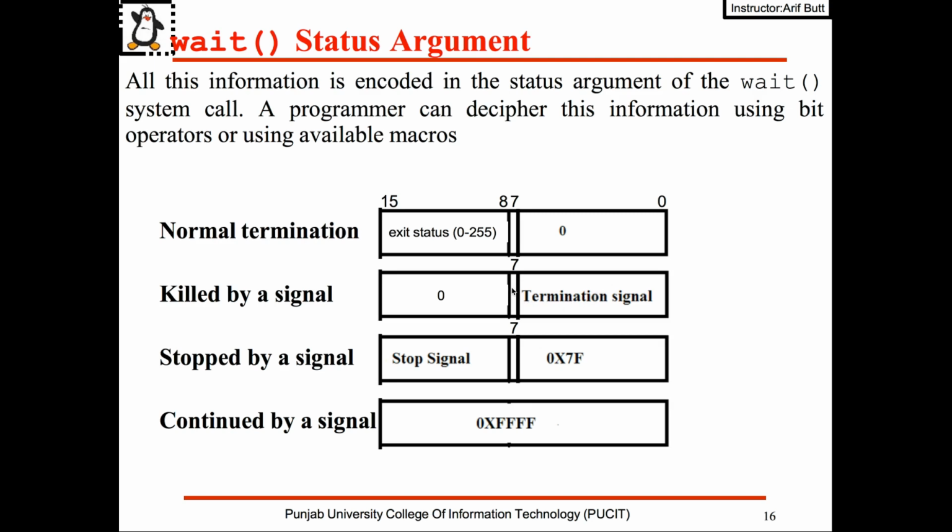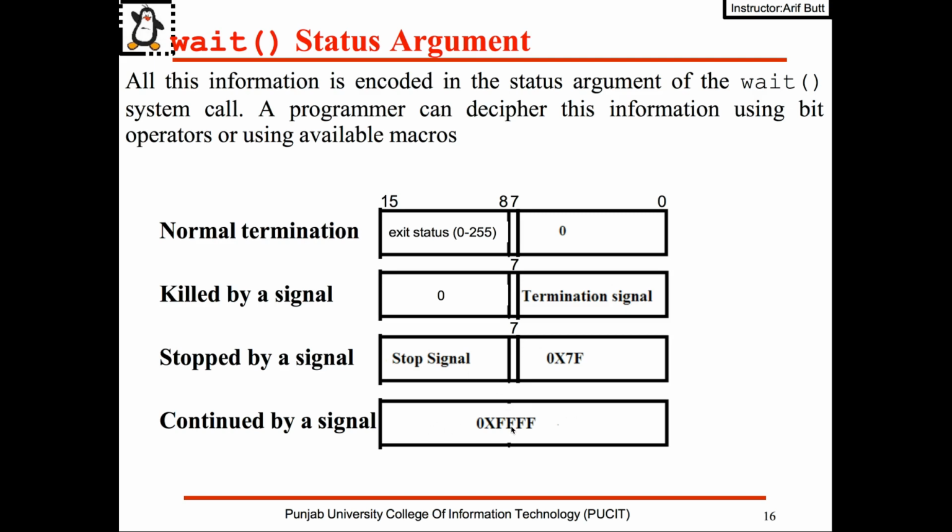And remember, the bit at index number 7, or at position 8, if it contains 0, that means no core dump file is generated, and if it contains 1, that means the core dump file is generated. Well, if the lower 7 bits contain all 1s, that means the process execution has been stopped by a signal, and the stop signal is there in the upper 8 bits.